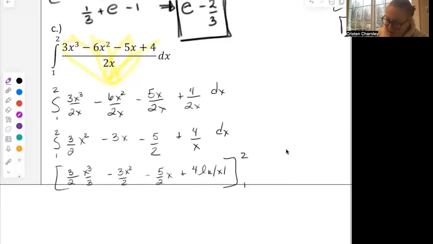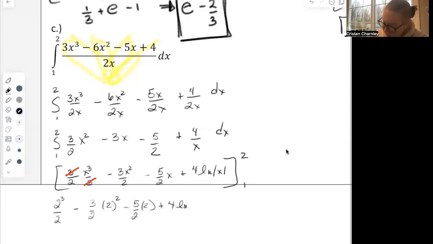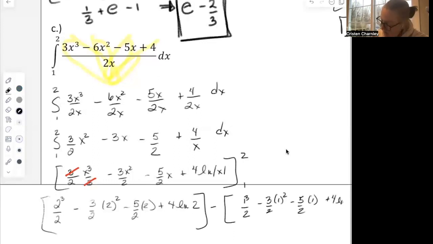So we are going to cancel the 3's here. We're going to go through this whole problem and put in the 2 first. So this would be 2 cubed over 2 minus 3 over 2 times 2 squared, minus 5 over 2 times 2, plus 4 ln of 2. Do the whole thing again. I've got 1 cubed over 2, minus 3 over 2 times 1 squared, minus 5 halves times 1, plus 4 ln of 1.